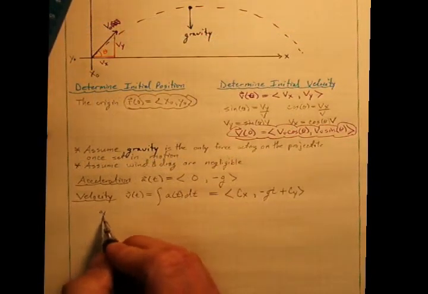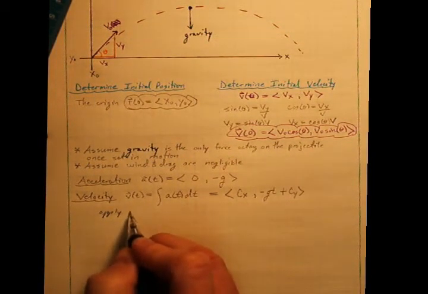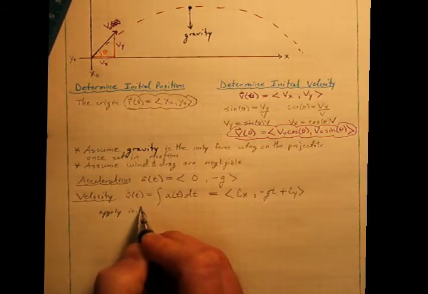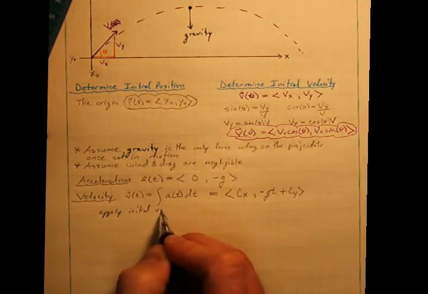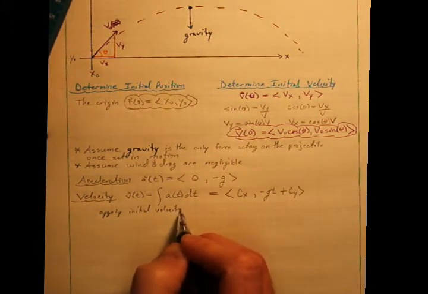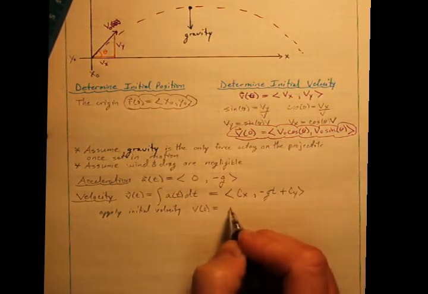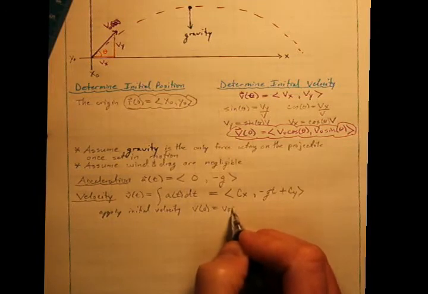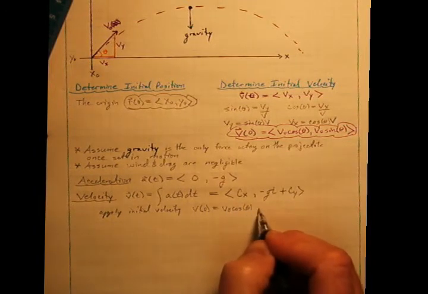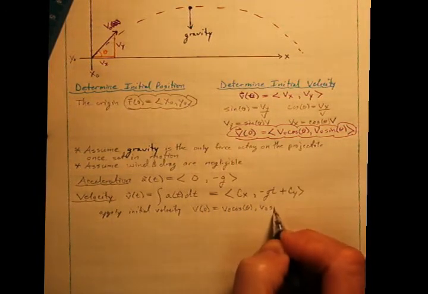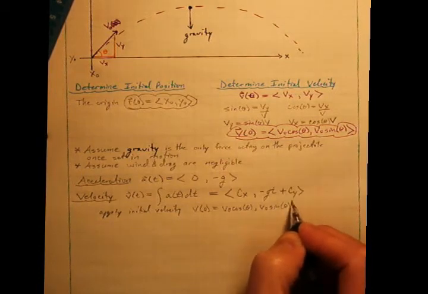Okay, so now I want to apply my initial velocity, in which case I know v of 0 was v naught cosine theta and v naught sine theta.